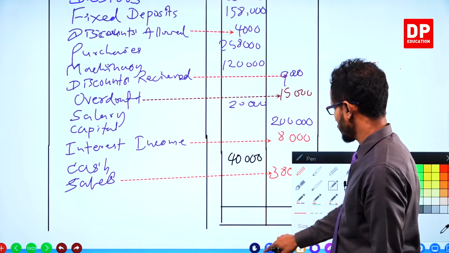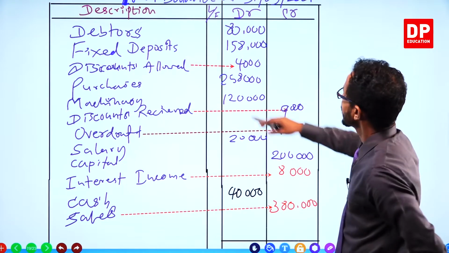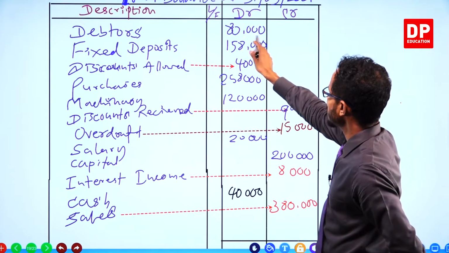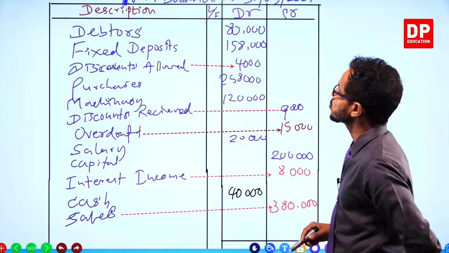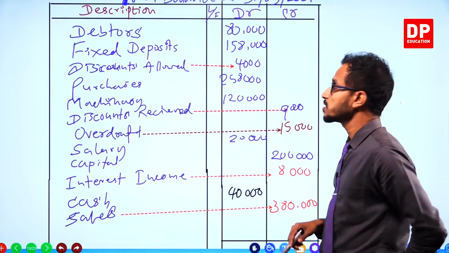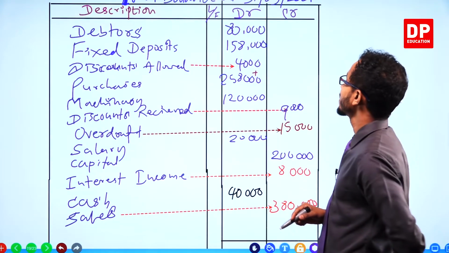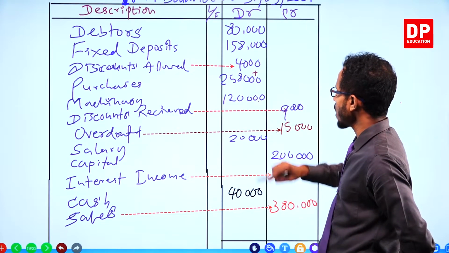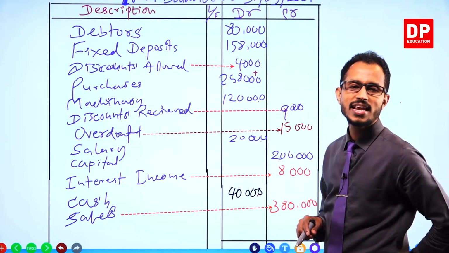All right. Now, children, we have the debit side 80,000 plus 158,000. That is 238,000. 238 plus 4, 242,000. 242 plus 258 is 500,000. 500,000, 620,000, 640,000, 680,000.